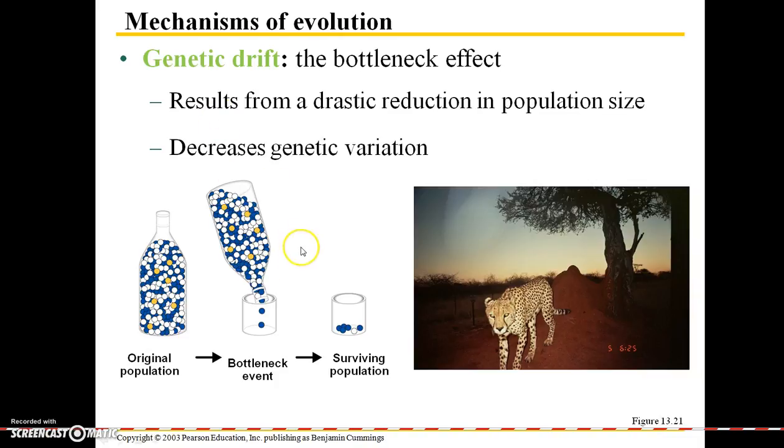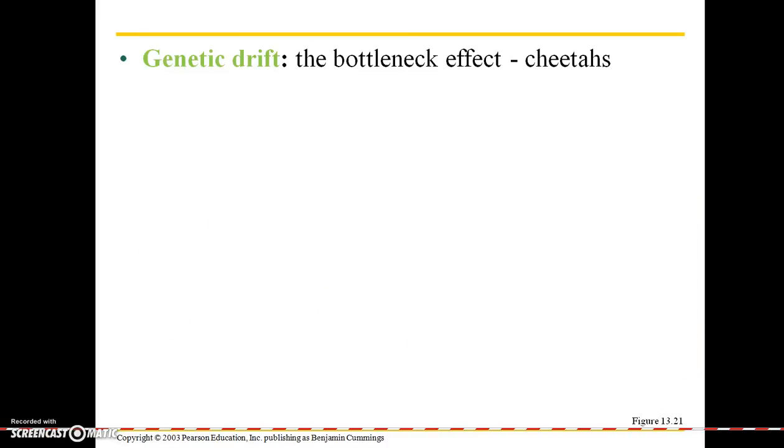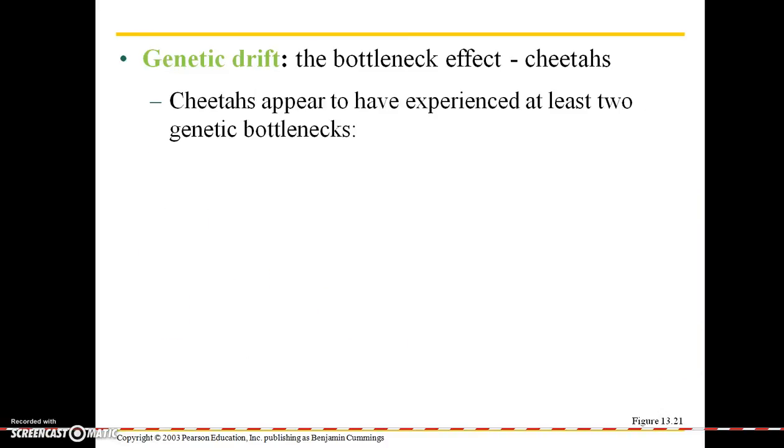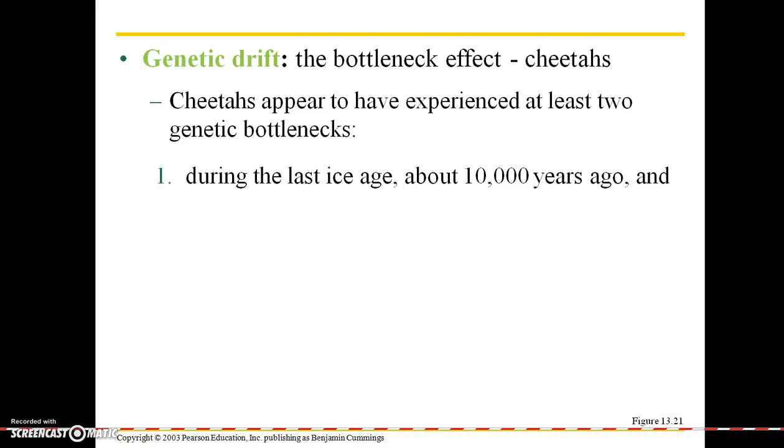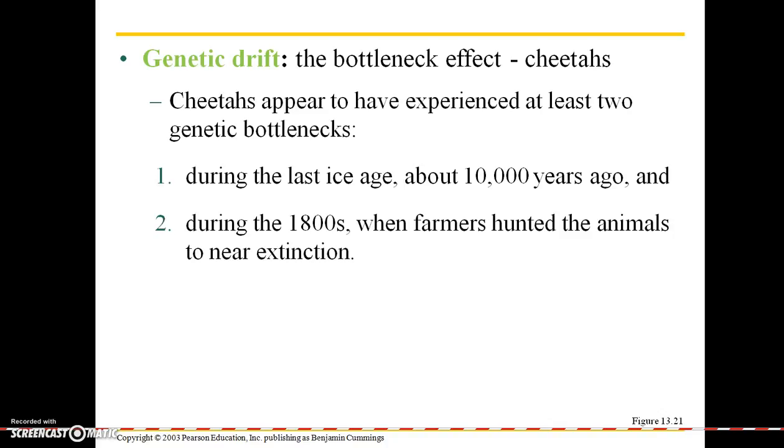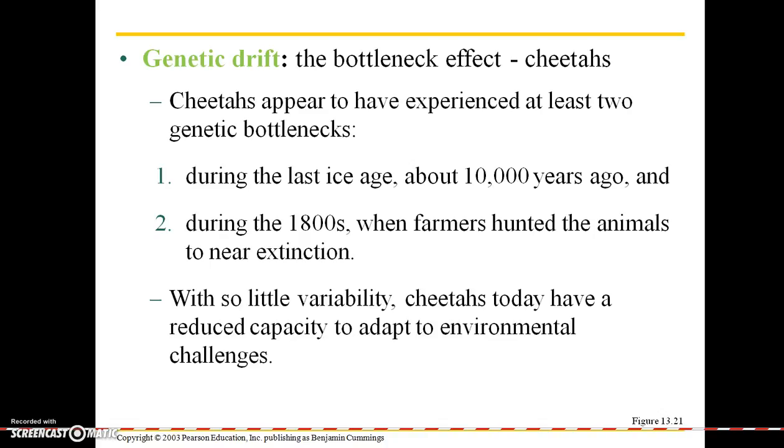Not all of the alleles are going to be represented in that surviving population. Cheetahs appear to have experienced at least two genetic bottlenecks: during the last ice age about 10,000 years ago and during the 1800s when farmers hunted the animals to near extinction. With so little variability, cheetahs today have a reduced capacity to adapt to environmental challenges.